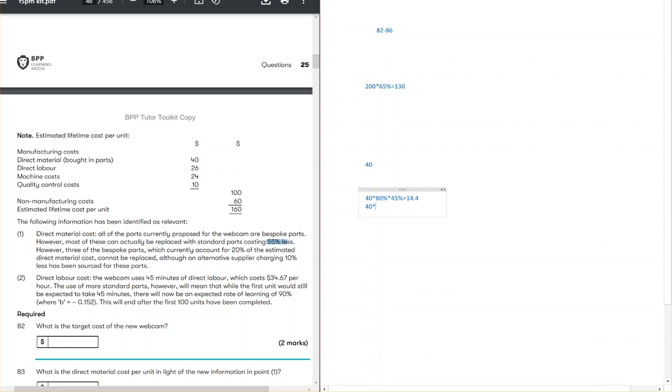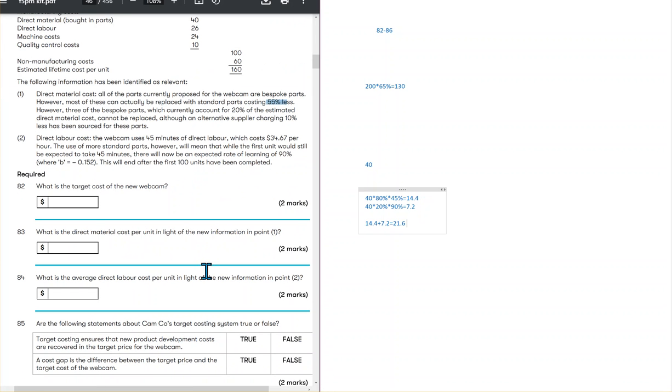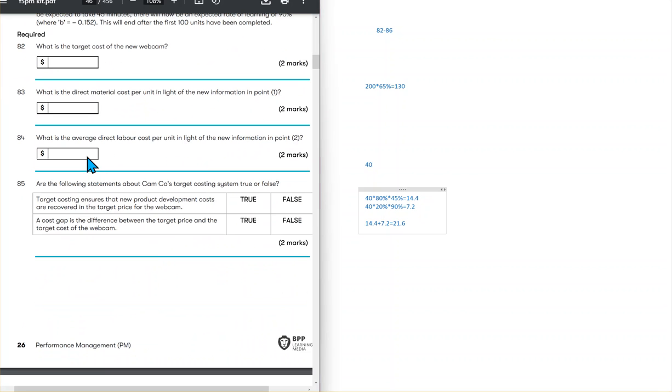And the remaining 20% cannot be replaced, but there is another supplier that gives us 10% less. That means it will cost 7.20. So 14.4 plus 7.20 will become 21.60, the new cost. Okay, this next part relates to the learning curve labor, so I will leave it.